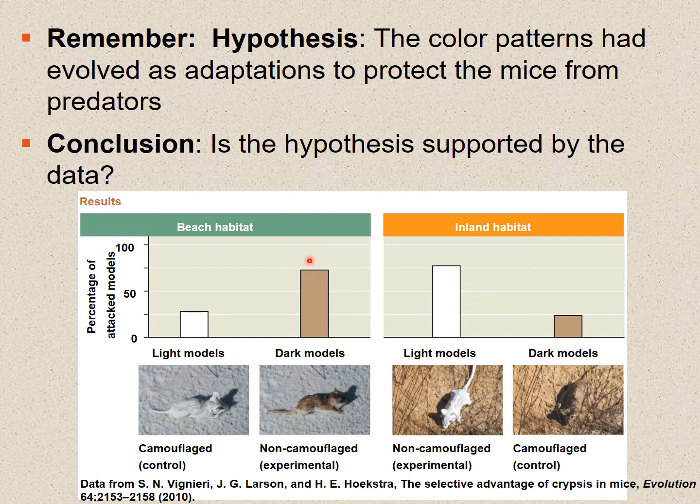You don't want the error bars to line up with each other. So let's just say that the error bars do not line up. And you could say that, yes, the hypothesis is supported. It appears that the mice that match their environment are safer from predators than those that do not.